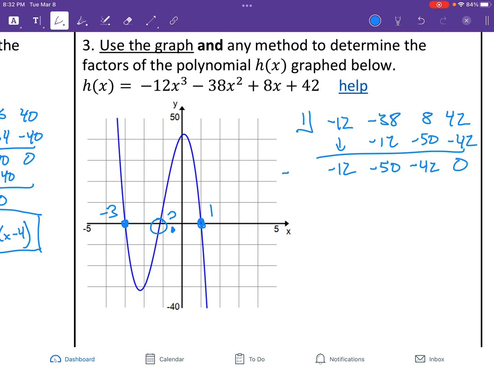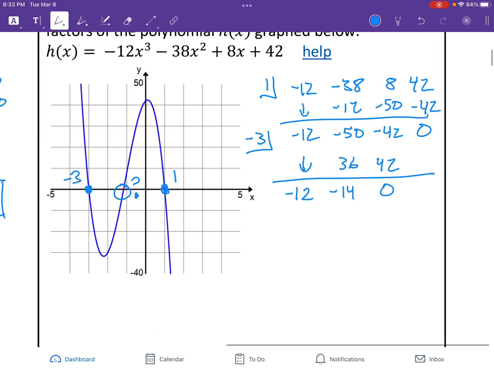Now we're going to do this again, but this time with negative 3. Drop the first number, which is negative 12, times negative 3 is going to be positive 36. So negative 50 plus 36 is going to give you negative 14. Times negative 3 is going to give you 42, which gives you 0.